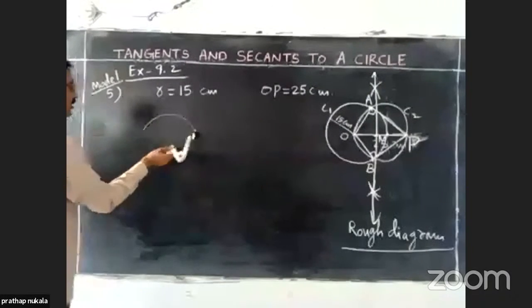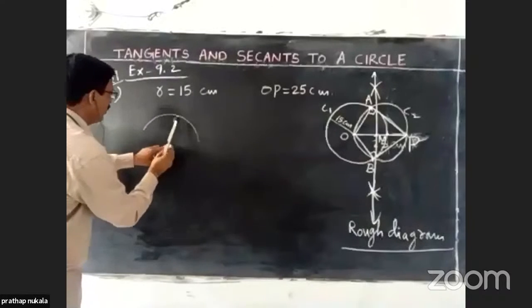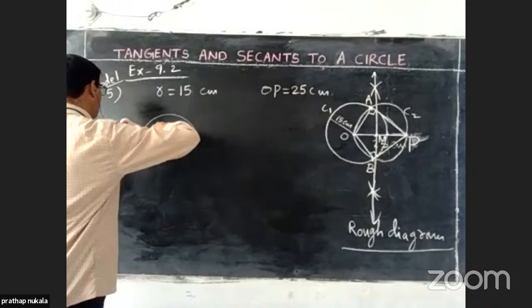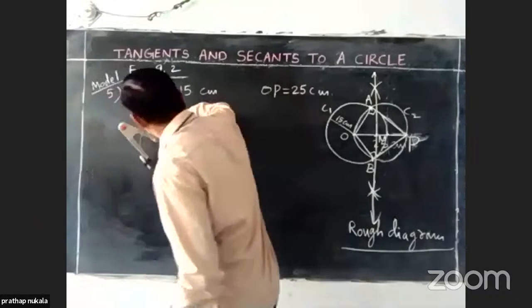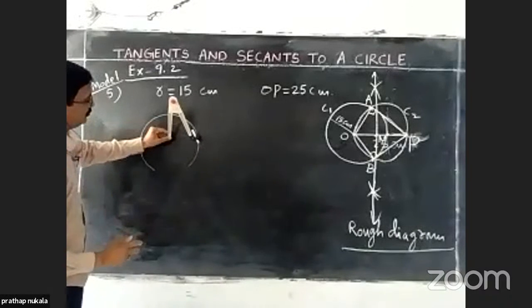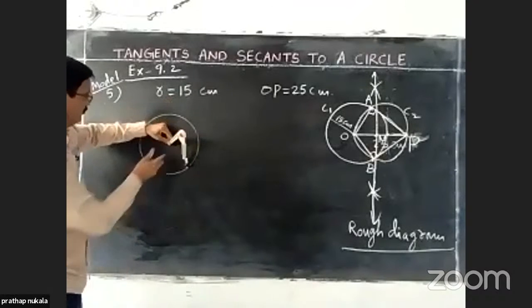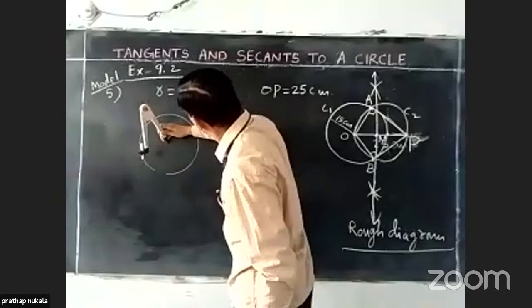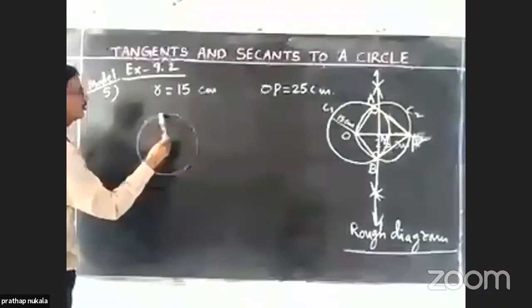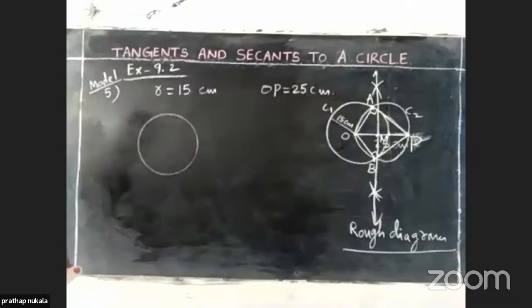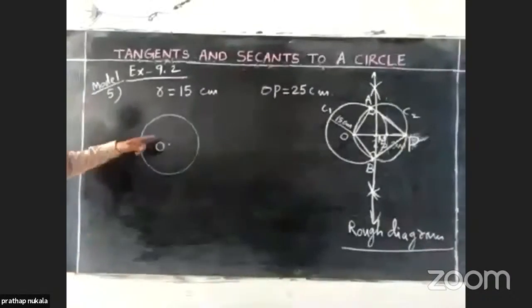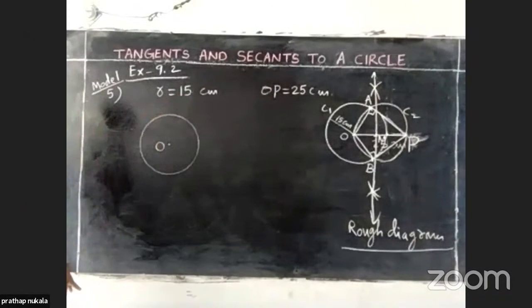I am drawing a circle. This is center O. I have drawn a circle of radius 15 centimeters.